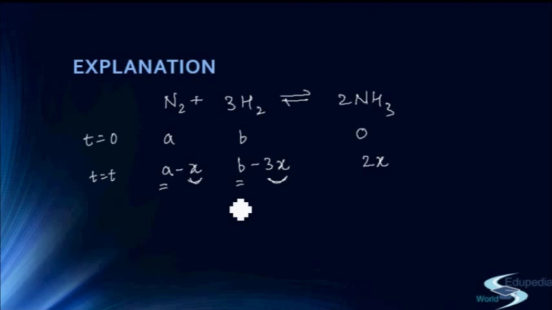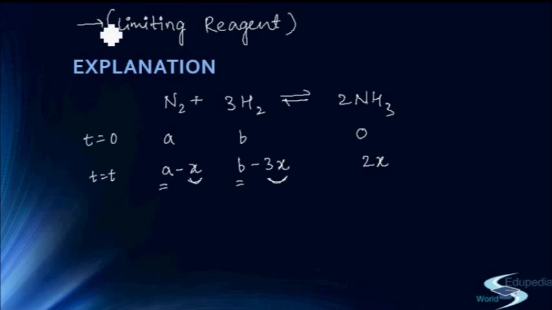If you remember the concept of limiting reagent, which we studied in the topic of mole concept, the degree of dissociation of the whole reaction is always defined with respect to the limiting reagent. The concept is absolutely correct that alpha for different reactants might have different values. So degree of dissociation with respect to nitrogen can have a different value from degree of dissociation with respect to hydrogen.